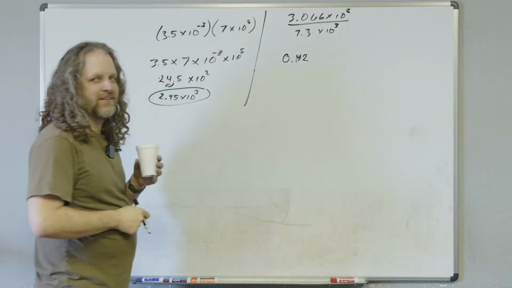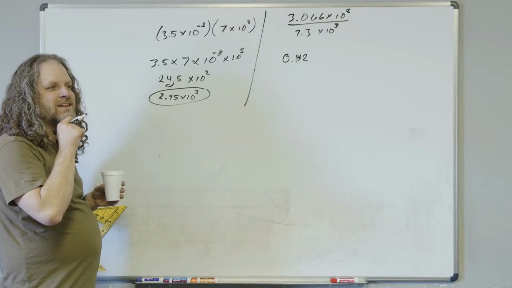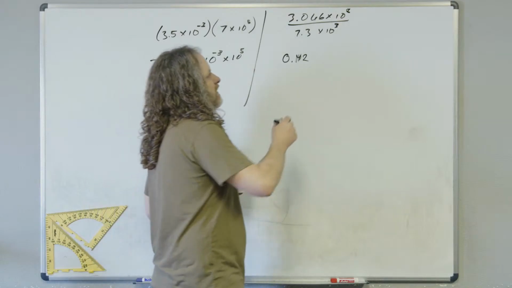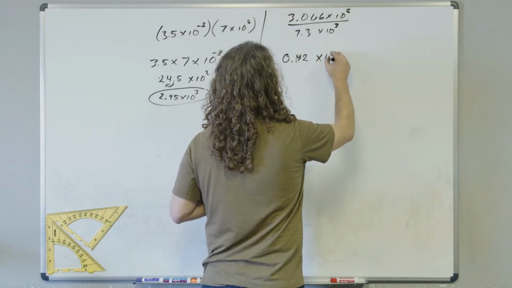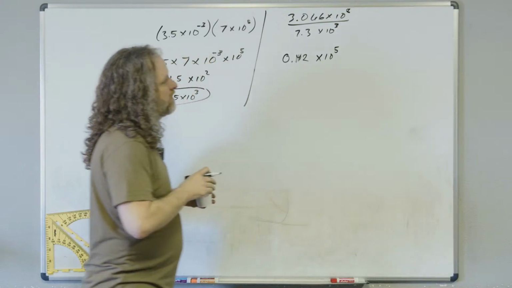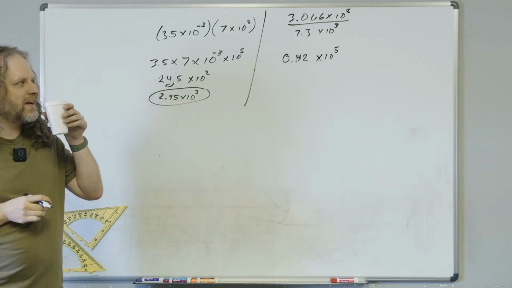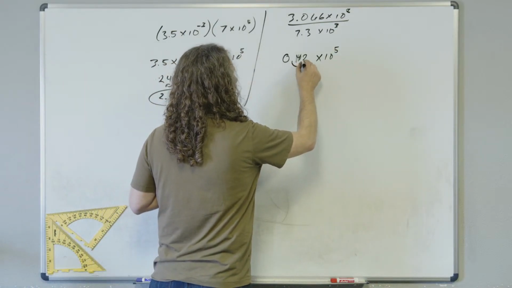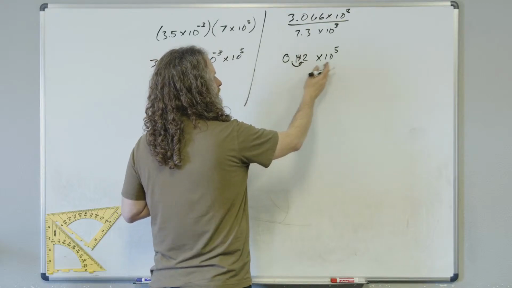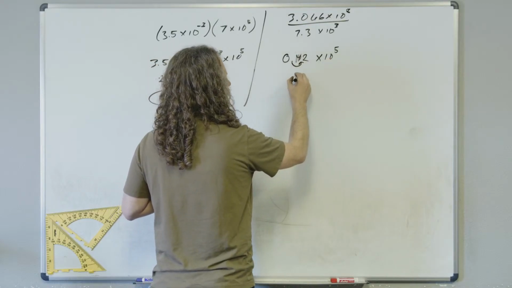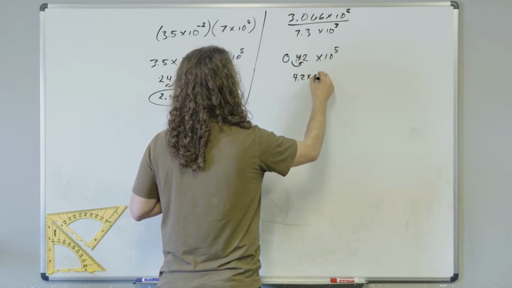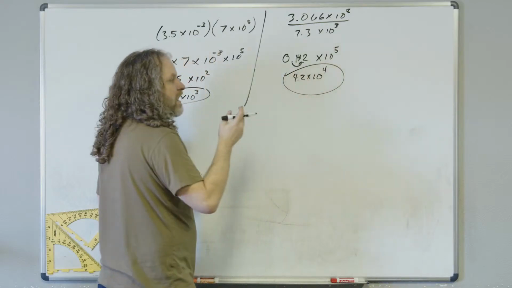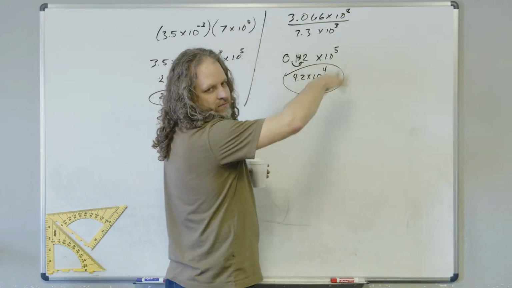What are we going to do with the 10? Subtract the exponents because we've got like bases divided. So it's going to be times 10 to the 5th. That's not proper scientific notation yet, is it? So we made this number bigger, which means we got to multiply times less, right? So 4.2 times 10 to the 4th. So it can't be 0. No, it's got to be a non-zero number, point, and then whatever else.